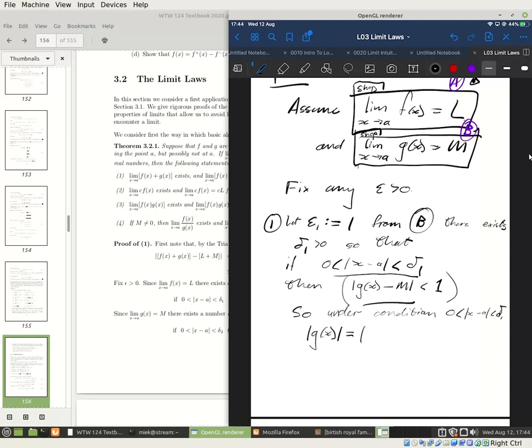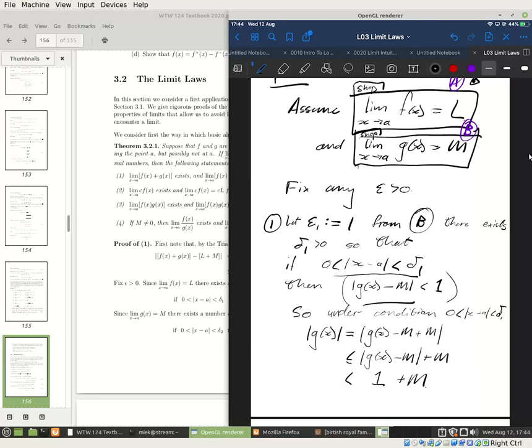Let's add and subtract an m, g of x minus m, and we immediately add it back. Triangle inequality, absolute value of g of x minus m plus m, and this is less than 1 plus m.